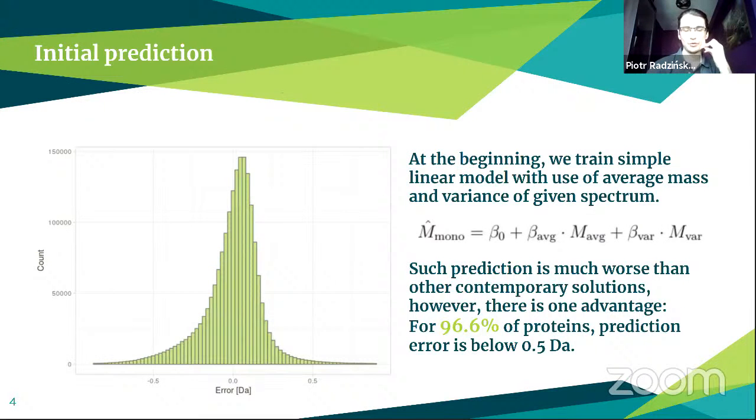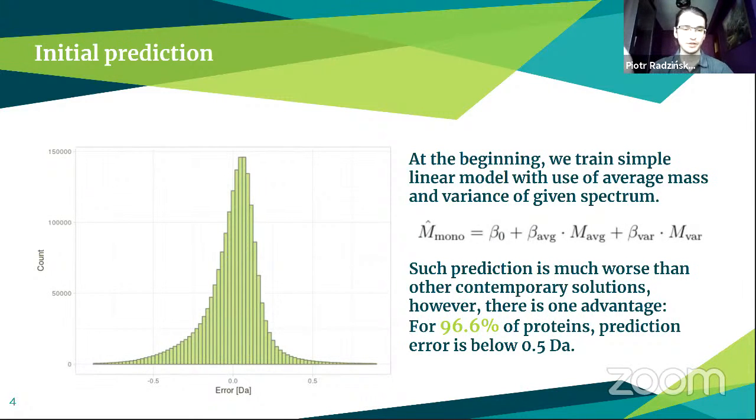And we begin with a very simple idea: just take the average mass from the spectrum, the variance from the spectrum, learn a linear model, and predict based on the linear model what the monoisotopic peak is. And here is a plot of the error.